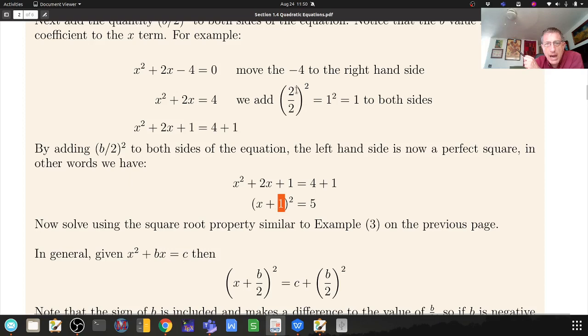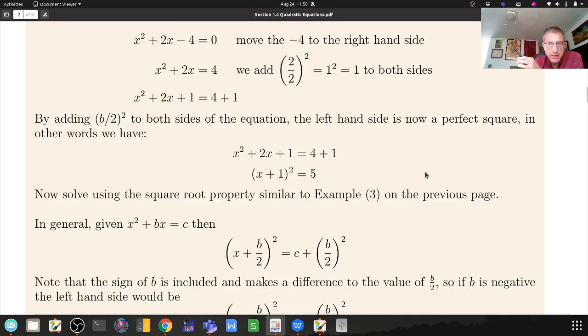It is our b divided by 2 term without being squared. So it's x plus b halves in parentheses squared. Clearly, if b were negative, or had a negative sign attached to it, it would be x minus b halves squared.